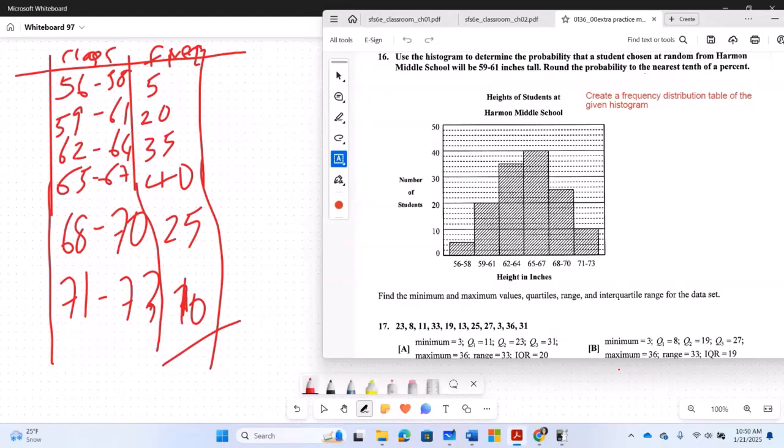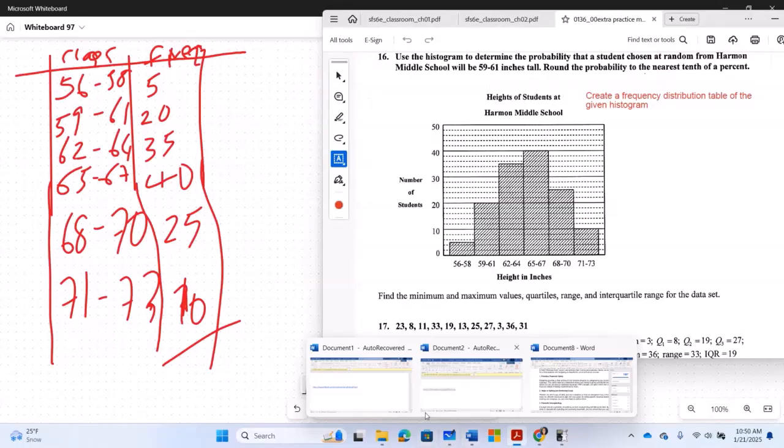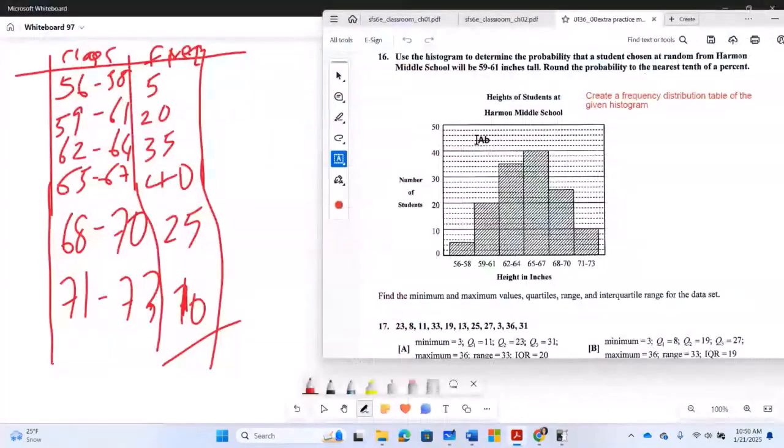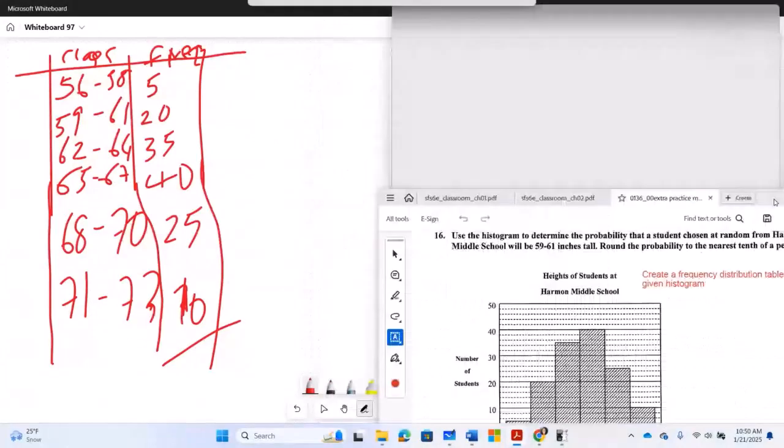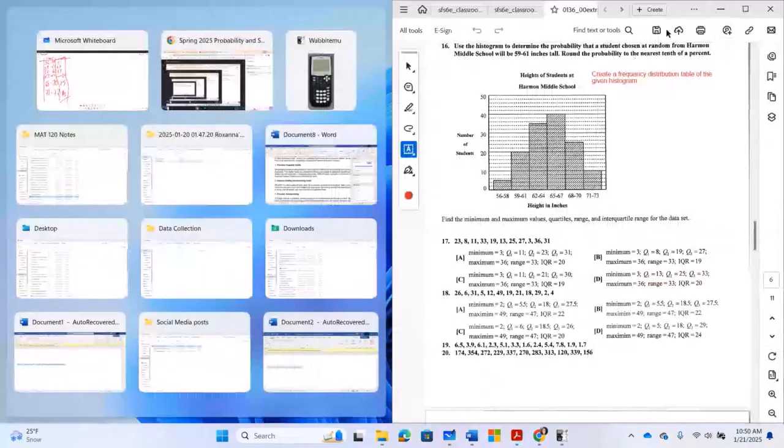So we shall call it relative frequency. Find the relative frequency that a student is in the class 59 to 61.